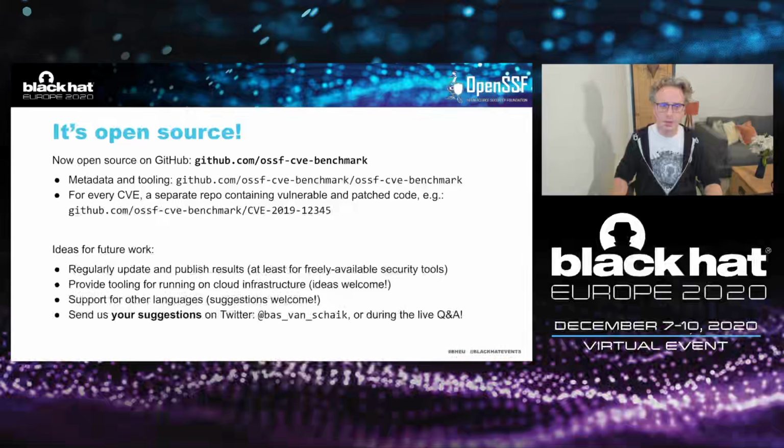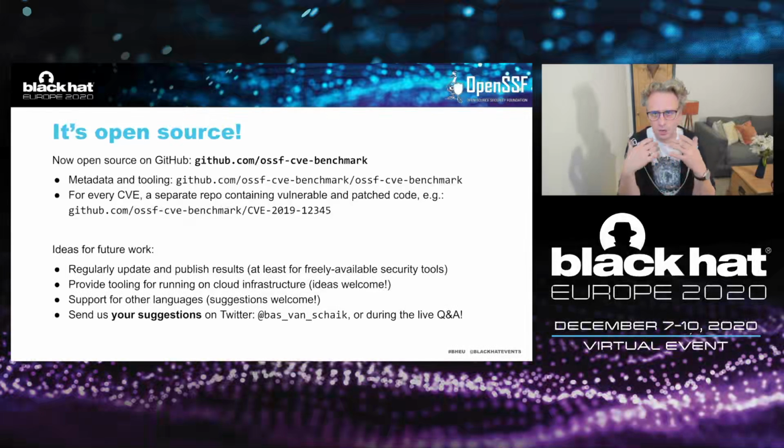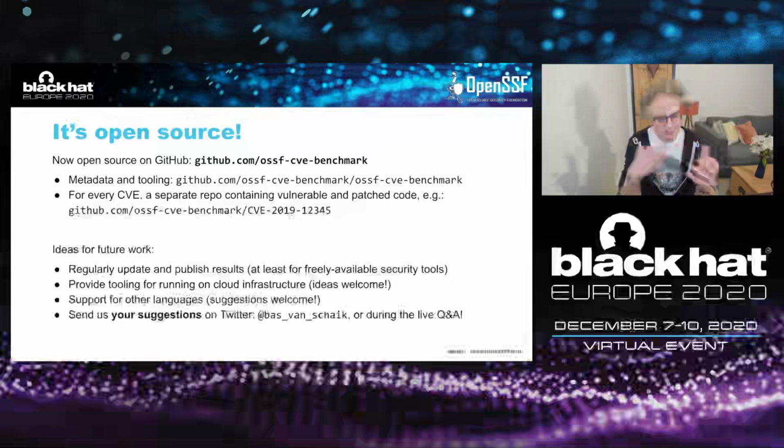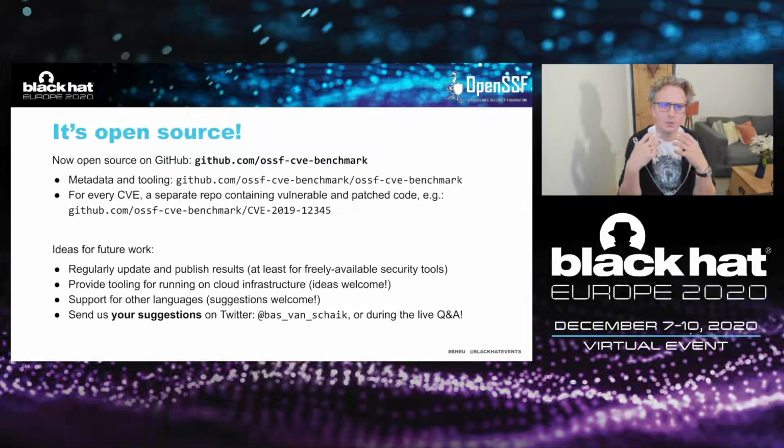And like I said, it's open source, and here you have in one slide all of the GitHub repositories that you need to take this out for a spin. The metadata and tooling, all of the vulnerable and patched code bases, and we have a few ideas of what we want to do next. We want to regularly update and publish the results of all of the tools that we currently support.